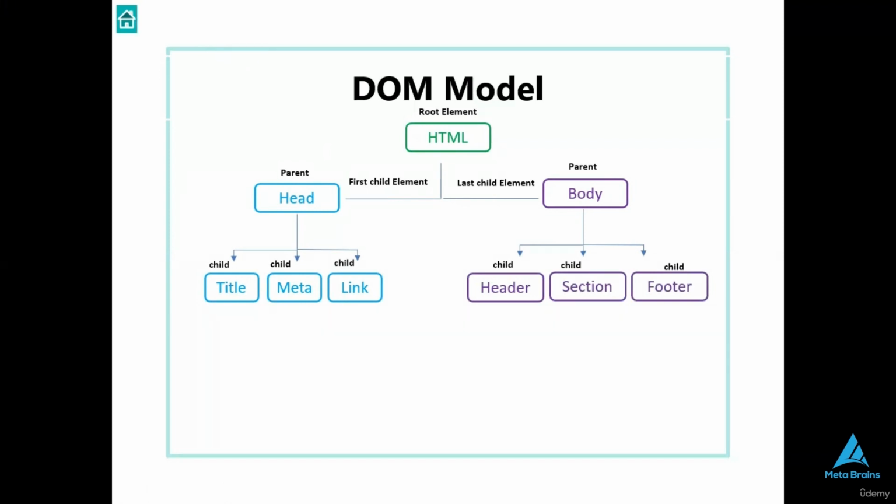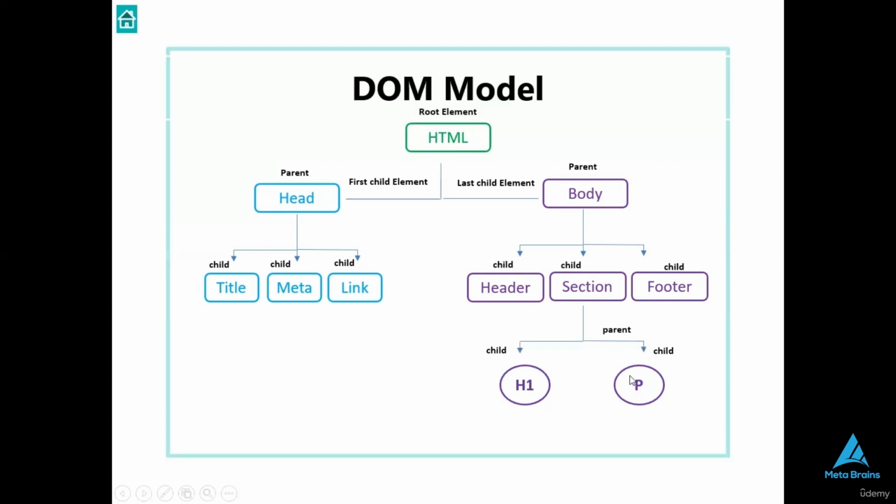In layman's terms, the tags that are written inside a tag are the children tags, and these children tags become parents when any tag is written inside of them. For example, here is a section tag in which there are two tags, one is h1 and one is p. So the section tag is the parent of these two tags.